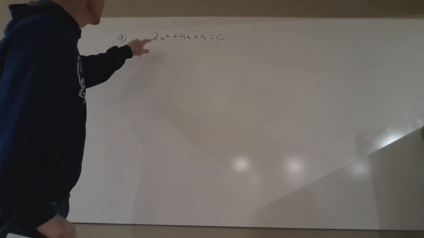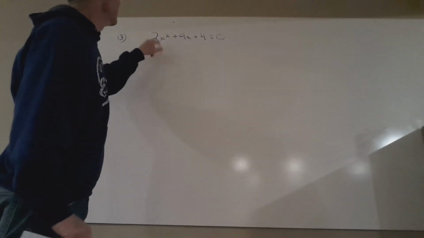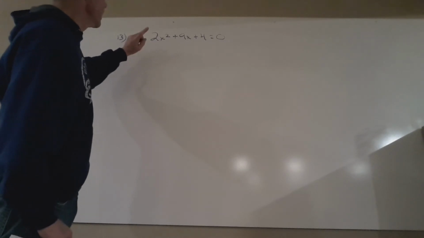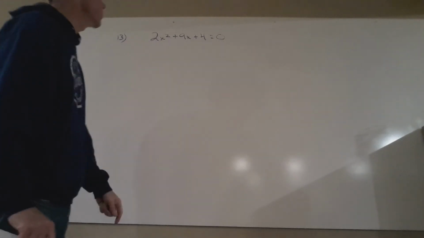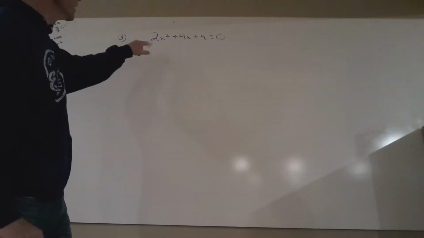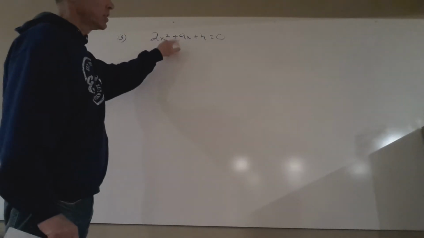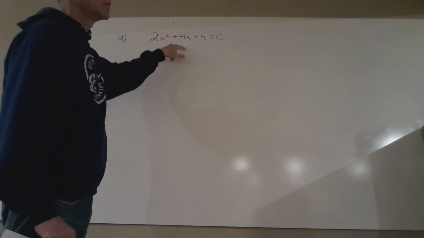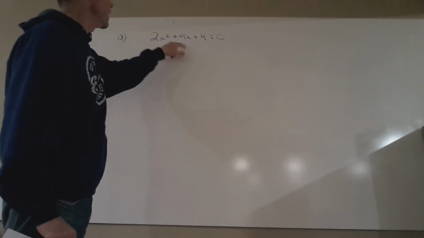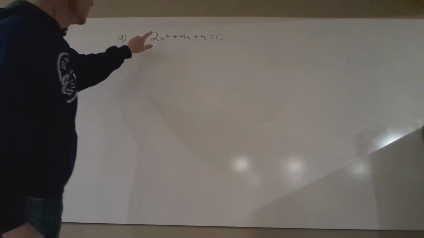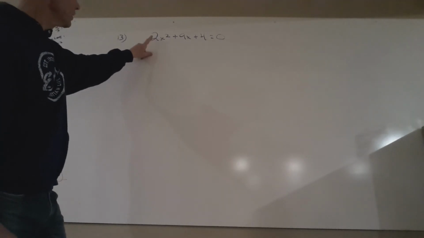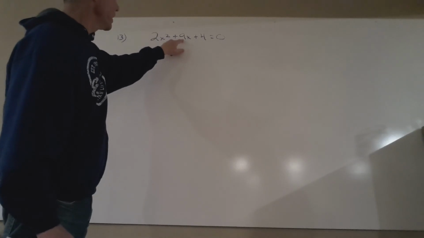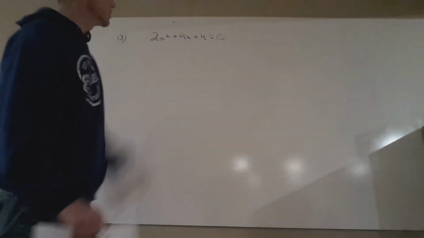All we need to do is just assign our numbers to our letters and just plug it into the quadratic formula. Remember, which is negative b plus or minus the square root of b squared minus 4ac all over 2a. A, or the 2 over here, is a, b is the 9, and c is the 4.